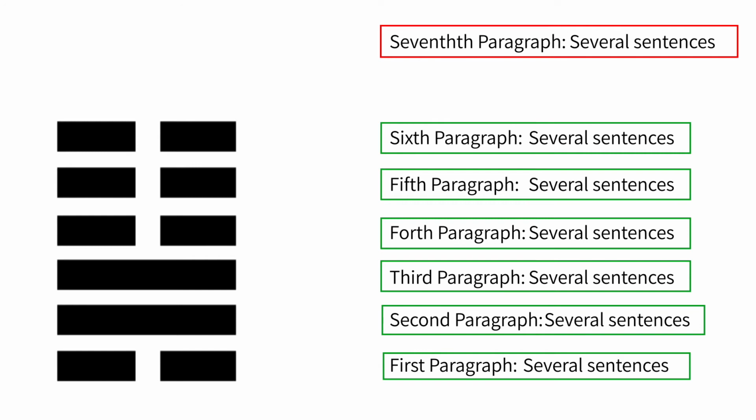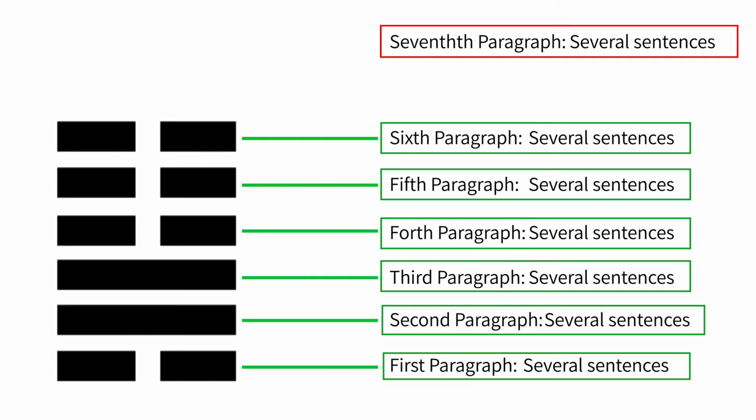All you need to know in this video is that an ancient Chinese wrote 7 paragraphs for each hexagram thousands of years ago. The distribution of these 7 paragraphs is that each of the 6 lines has 1 paragraph, and the whole hexagram has 1 paragraph.